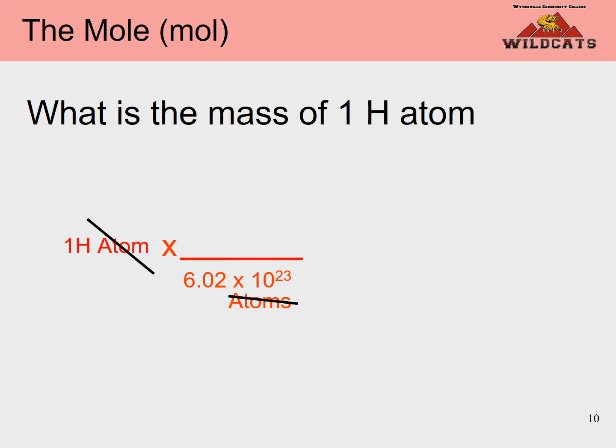The issue that we're going to run into with the 6.02 times 10 to the 23rd is putting scientific notation in your calculator. Please be careful and go back and take a look at the directions of the notation that's used in your calculator. Most calculators will have an EXP button near the bottom of the keyboard, or if you're using a TI series calculator, you'll have an EE button.